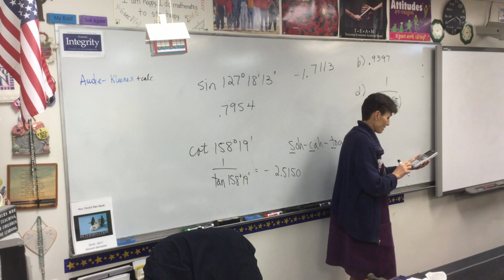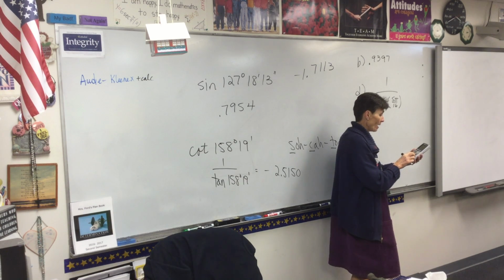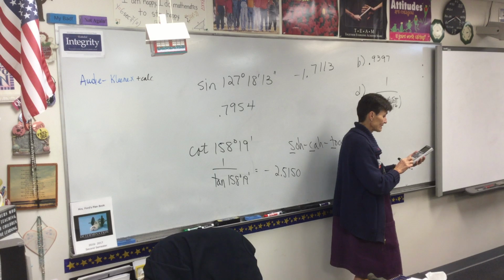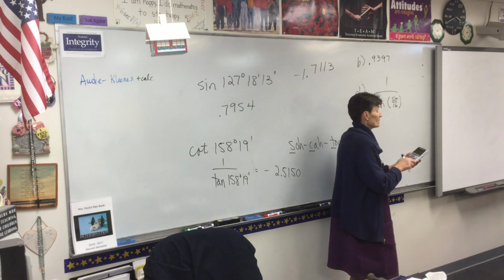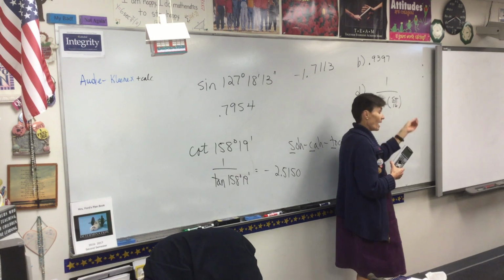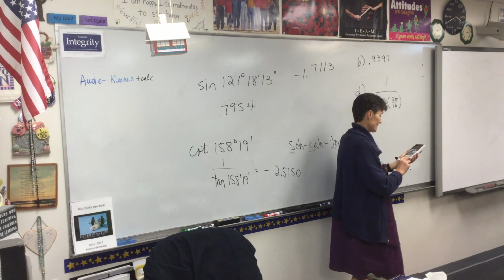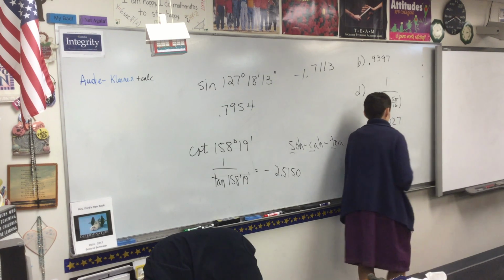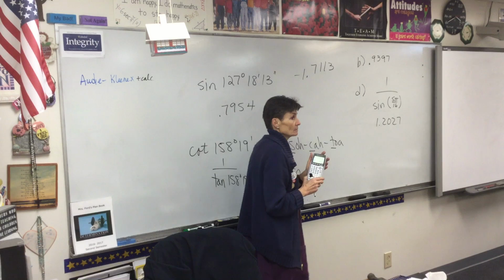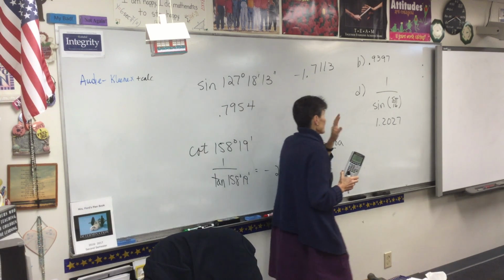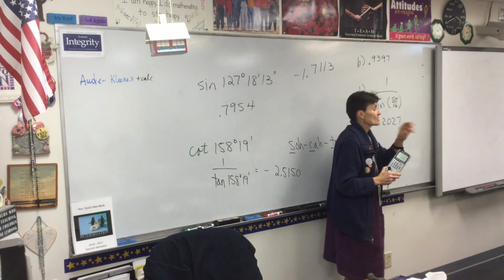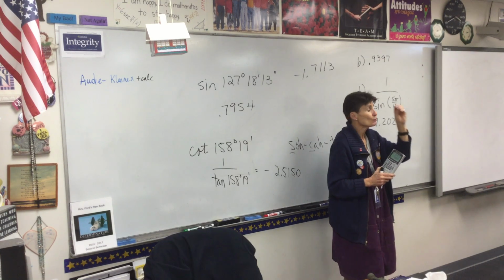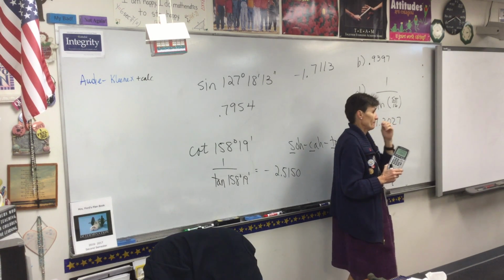So just type 5 pi divided by 16. 1 divided by sine, and then 5 pi divided by 16. And the answer should be 1.2027. So again, the nice thing is, there's no trickiness here. You type in exactly what's written.